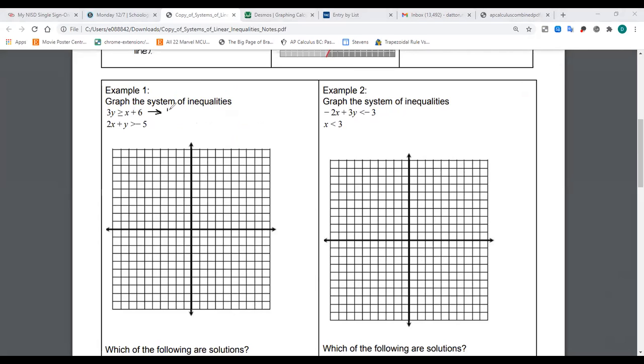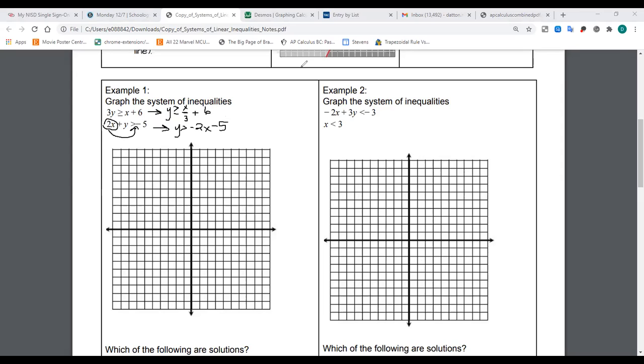So if I divide by 3, y is greater than or equal to x divided by 3 plus 6. And if I do this one here, I just take the 2x and move it over to the other side by subtracting it. So y is greater than negative 2x minus 5.